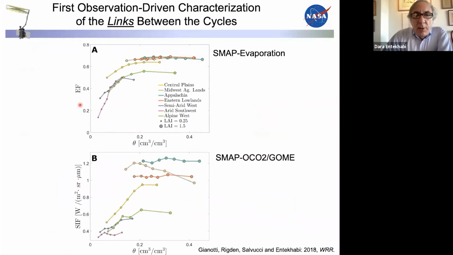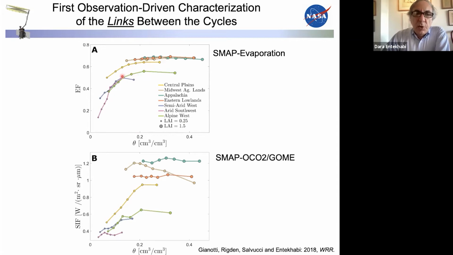So this is evaporative fraction from the weather stations. This is soil moisture from the SMAP satellite for these regions across the US, representing different vegetation and climate. And we see a two-regime behavior with a clear soil moisture dependent threshold, where when the soil is adequately moist, you have the energy partitioning being energy limited, so it's independent of soil moisture.